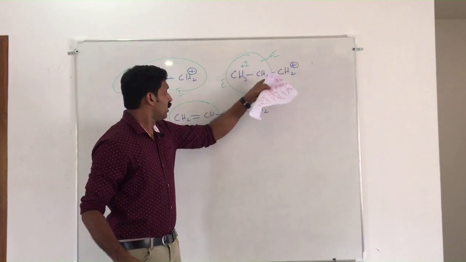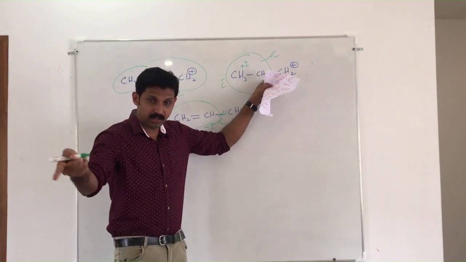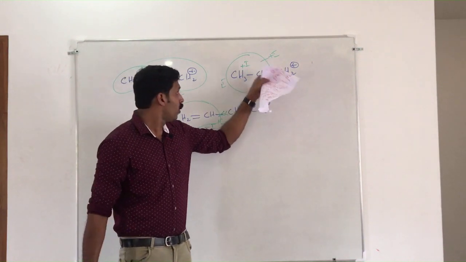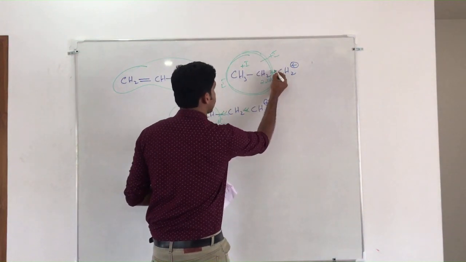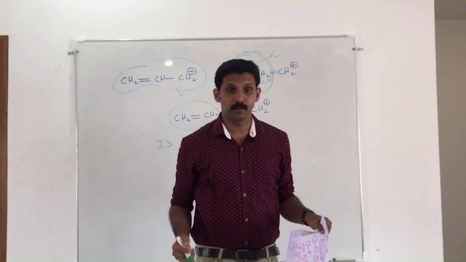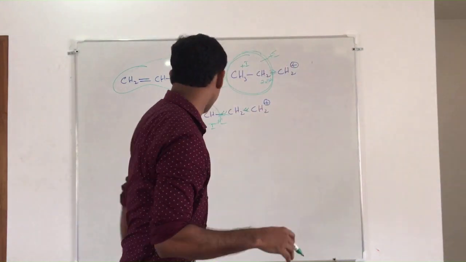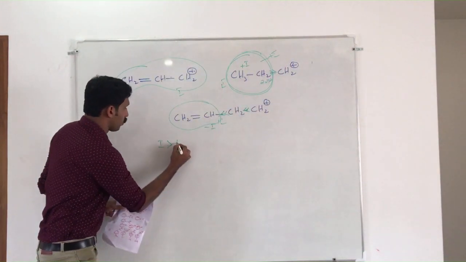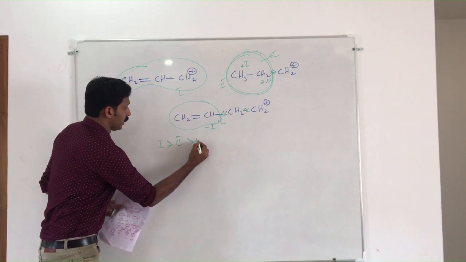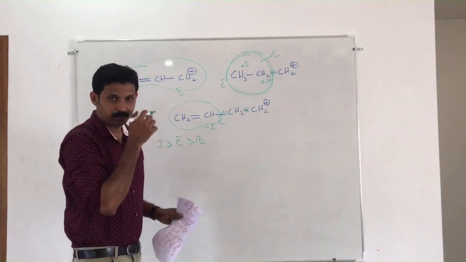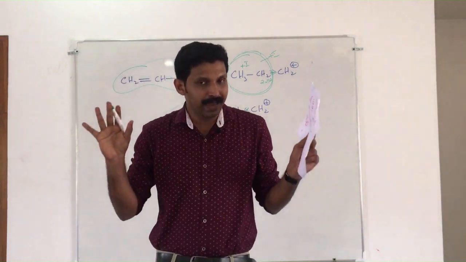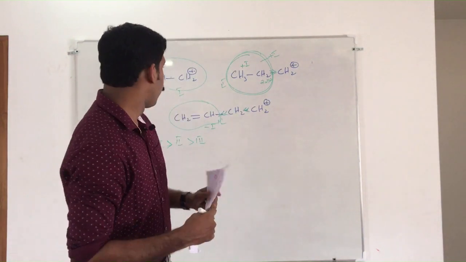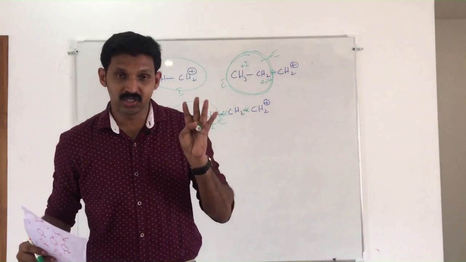Here, this has 2 alpha hydrogens, so hyperconjugation is possible. Moreover, it has a plus I effect. Due to the plus I effect, the positive charge on the carbocation decreases. Therefore, we can say that 1 is more stable than 3. Right? These are some examples I have done to find out the stability of carbocations.